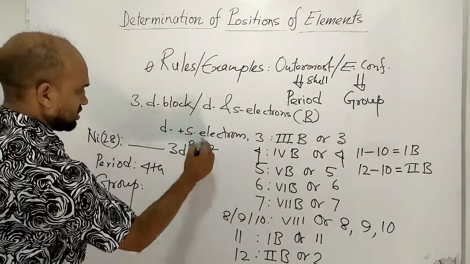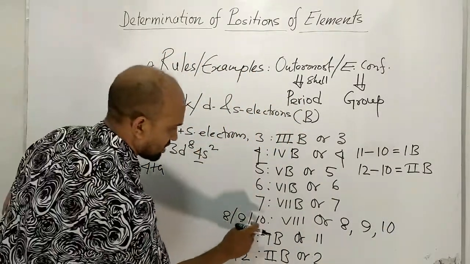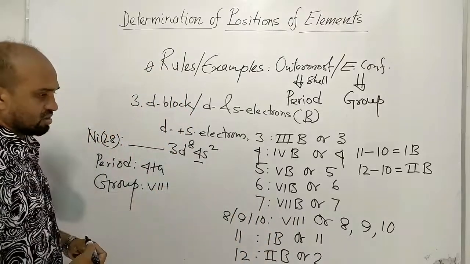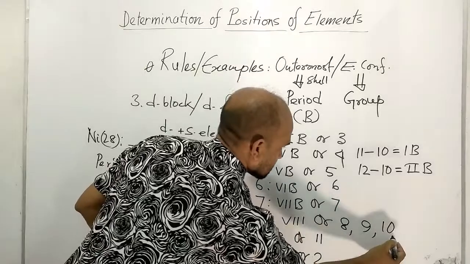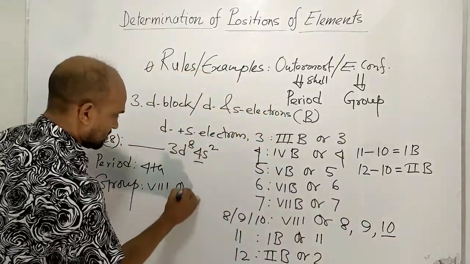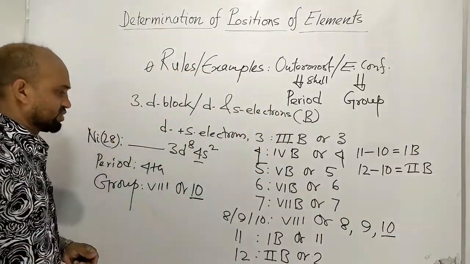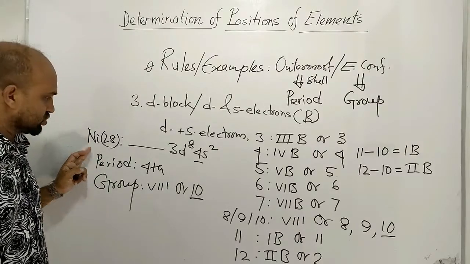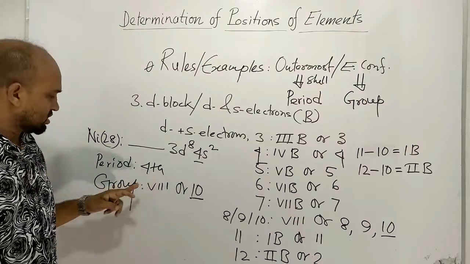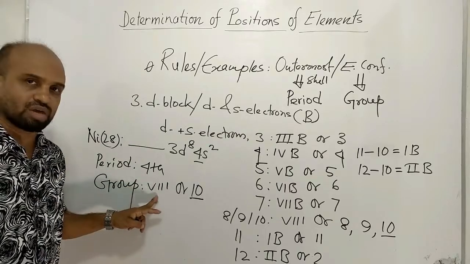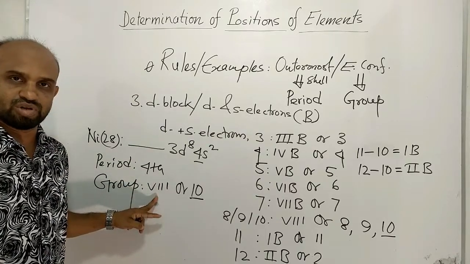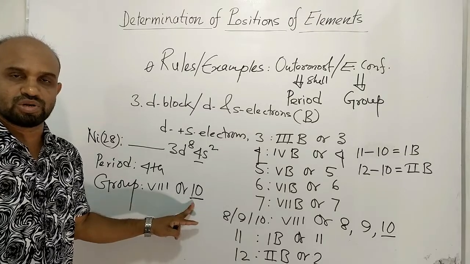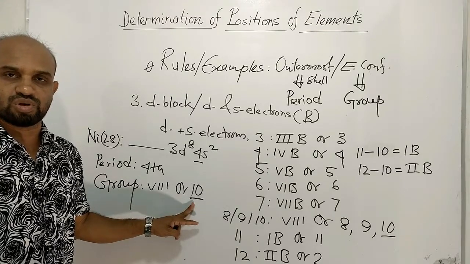Here 10 electrons, so column 10 in the most modern periodic table. So nickel belongs to the fourth period and column 8 in the modern periodic table, and in the most modern periodic table it belongs to column 10.